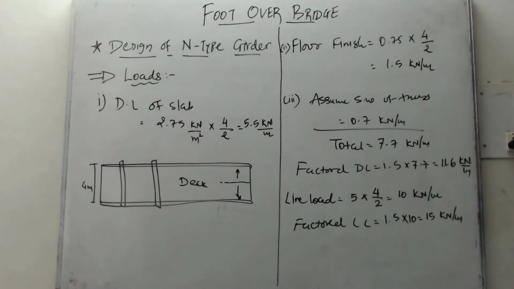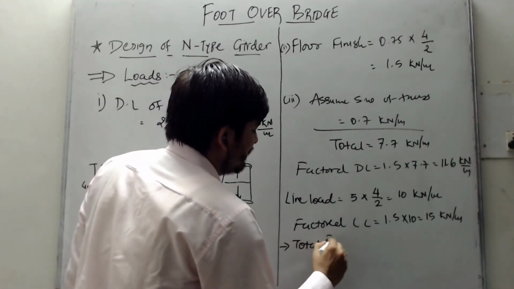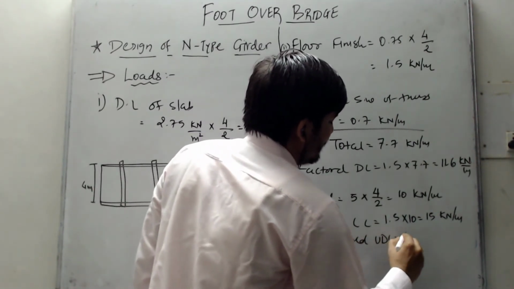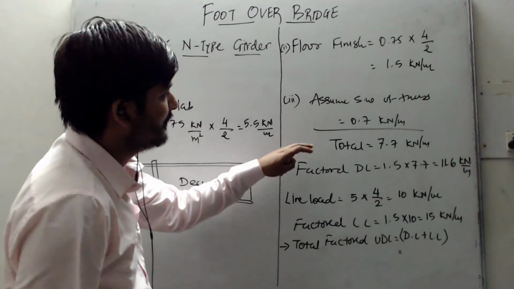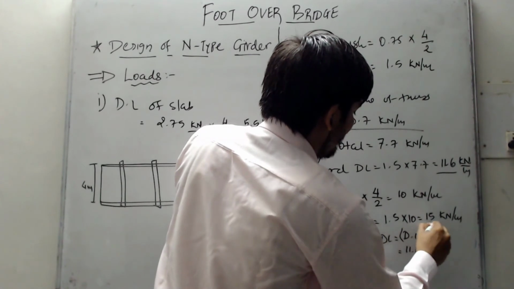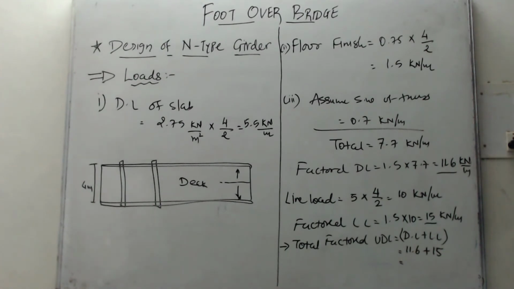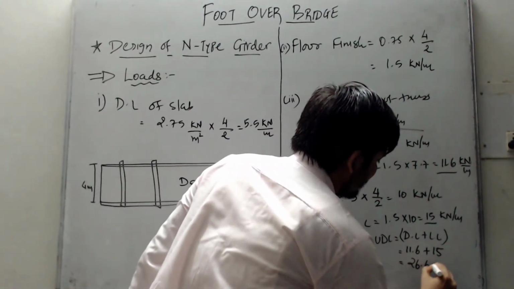Now I need to create a combination, that is total factored UDL. Total factored UDL will be dead load plus live load, which means dead load is 11.6 plus live load is 15, which comes out to be 26.6 kilonewton per meter, right?